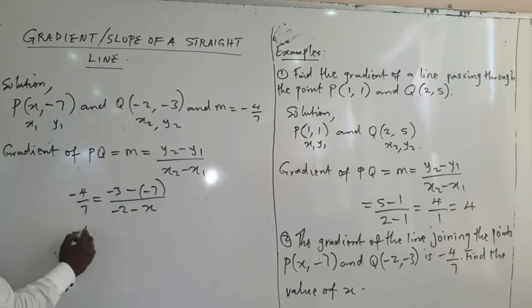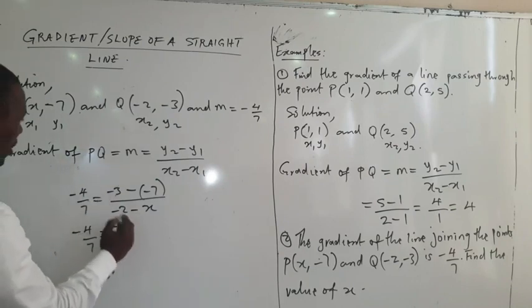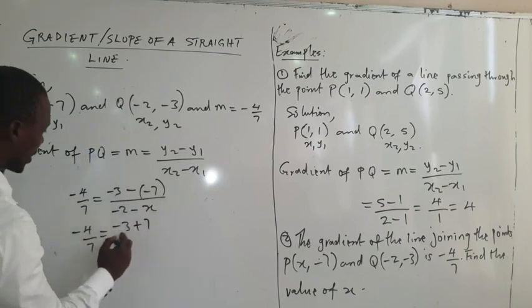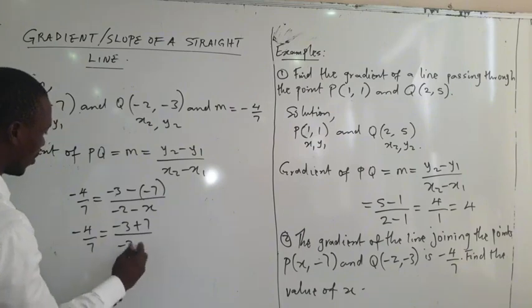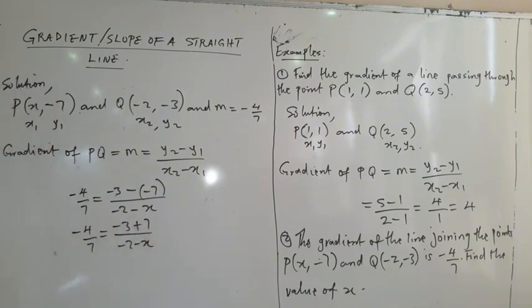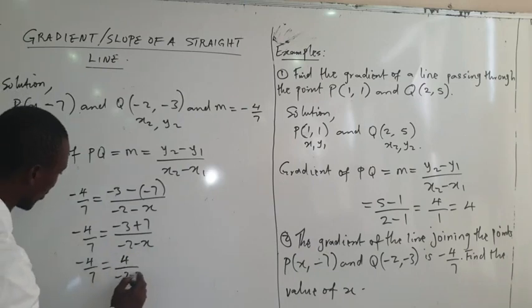So we now have minus 4 over 7 equals minus 3, minus times minus is plus 7, all over minus 2 minus x. So the next thing to do is to simplify further. Minus 4 over 7 equals minus 3 plus 7, that is 4, all over minus 2 minus x.